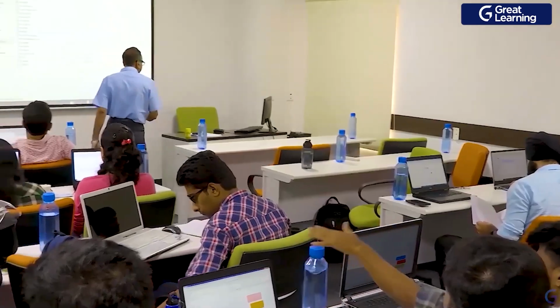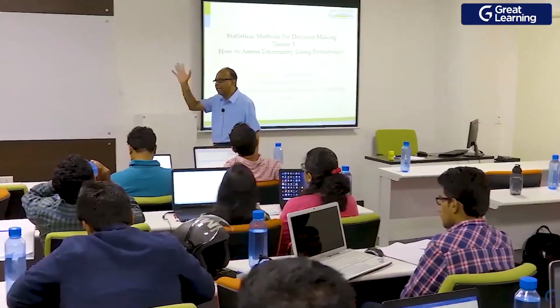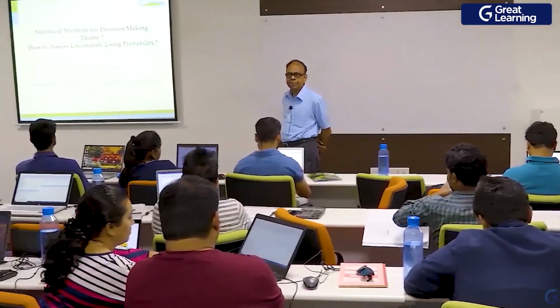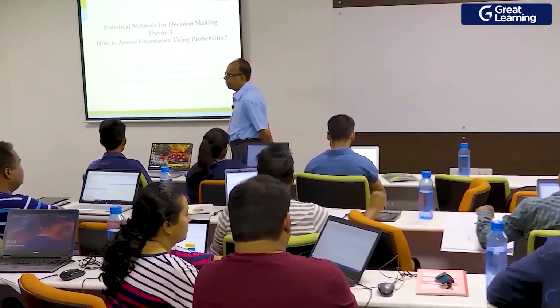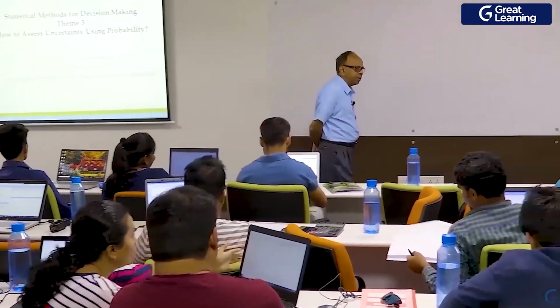So let's now move to another fascinating area, the probability part. Now, everything is uncertain. You have to make decisions. What will happen to the oil prices? What will happen to the petrol prices, diesel prices going up? Will it come down? Will it go up further? And what is the economic crisis?